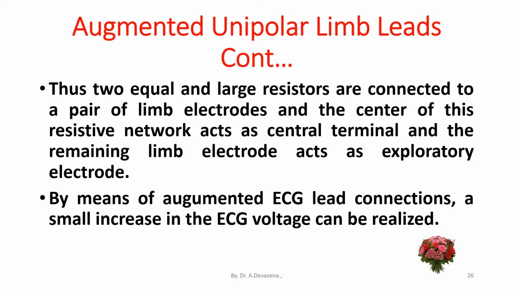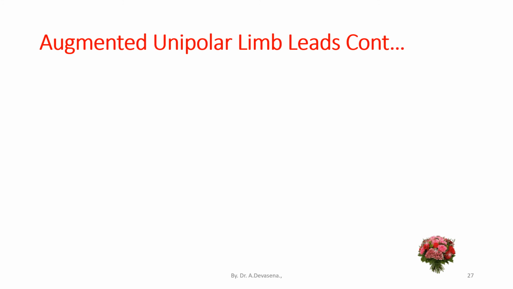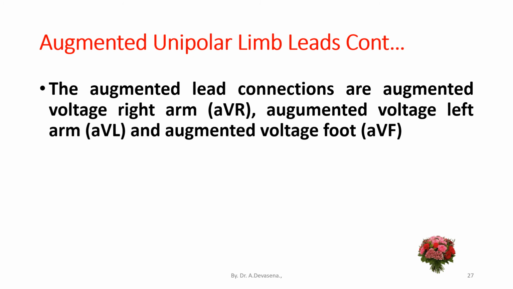By means of augmented ECG lead connections, a small increase in the ECG voltage can be realized. Augmented lead connections are augmented voltage right, augmented voltage left, and augmented voltage foot.